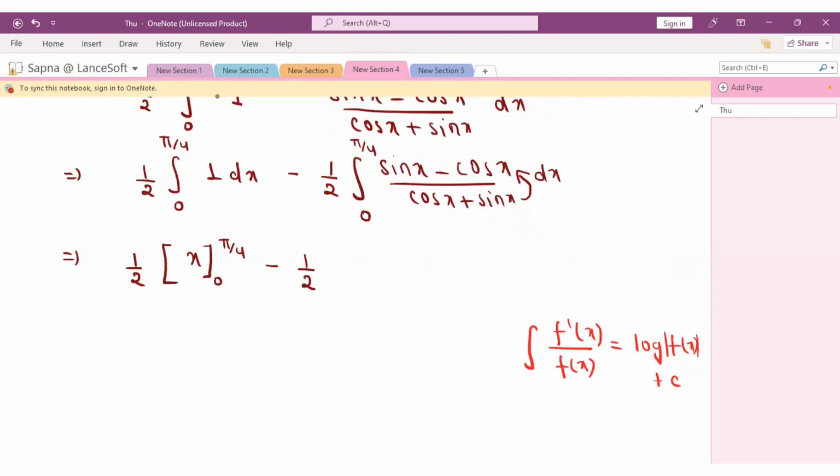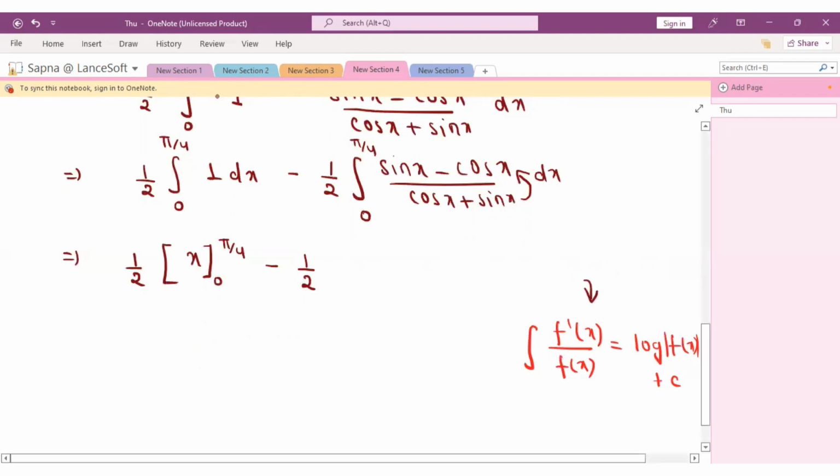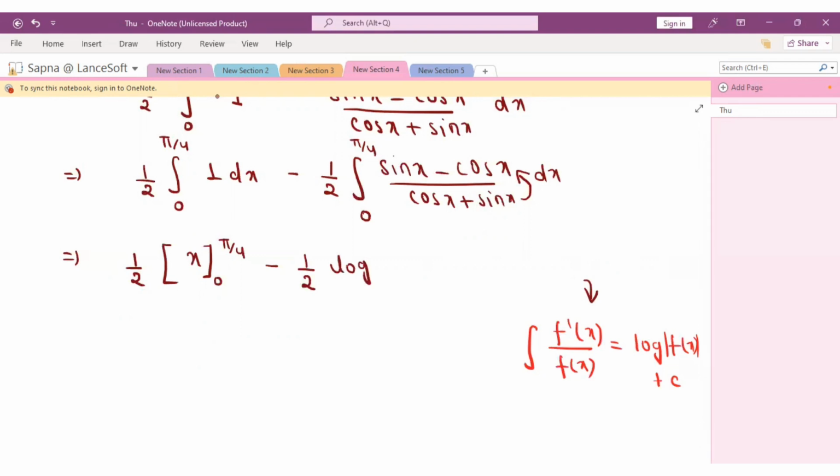As we have the derivative present in the numerator, we can use this formula and write down log of the function, and the function is cos x plus sin x. And of course we have our limit, so we will write down the limit as well, which is from 0 to pi by 4. Let us write down a bracket and then write down the limits 0 to pi by 4.